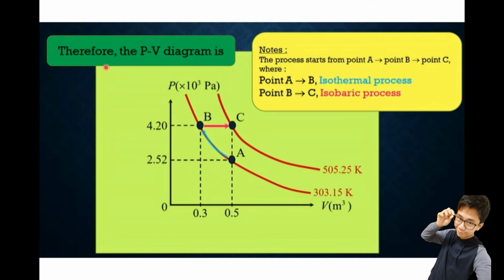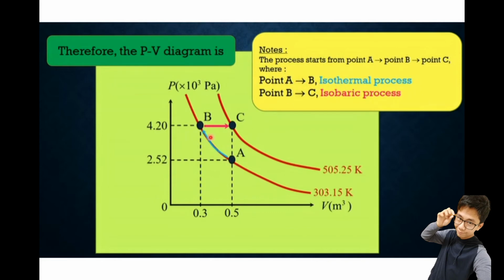Okay, so therefore the PV diagram is looking like this. We have the y-axis pressure, and then the x-axis is volume. Note the process starts from point A to point B and then to point C, where point A to B is isothermal process.